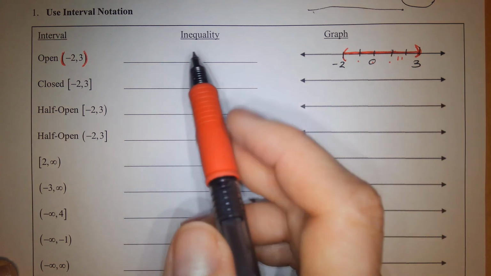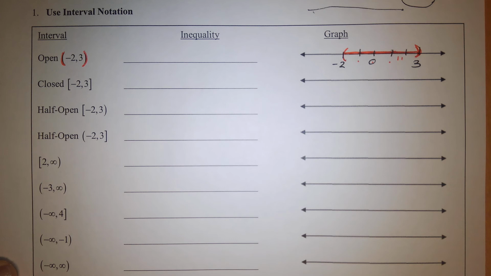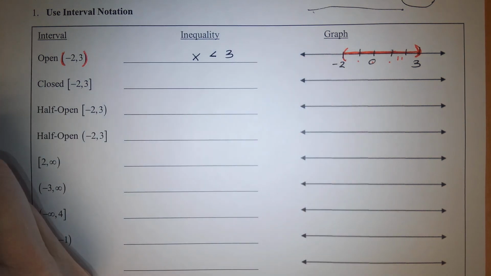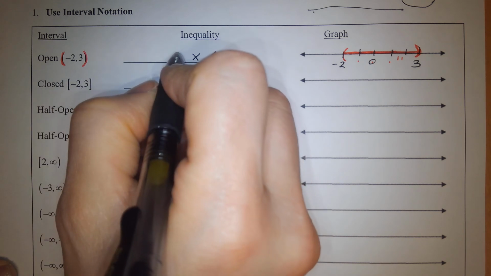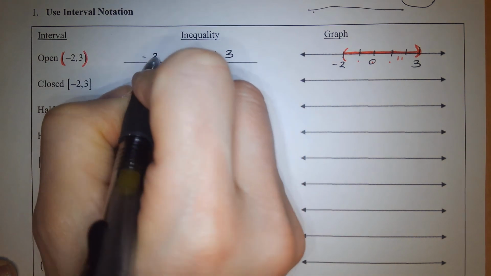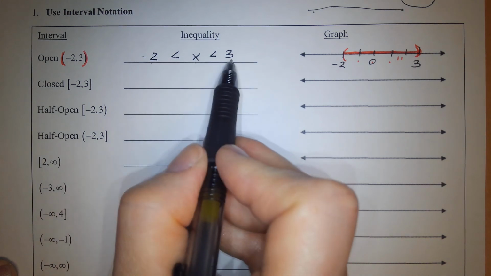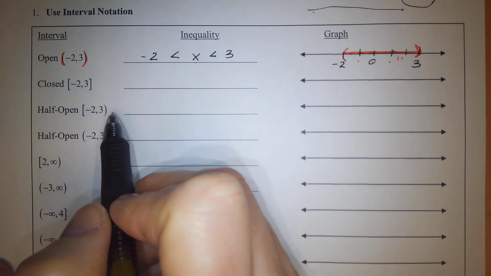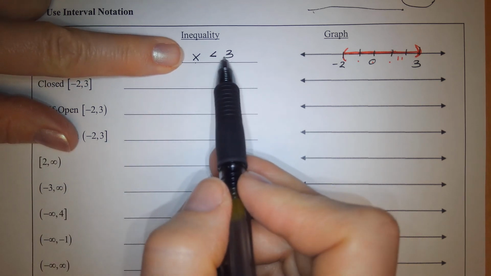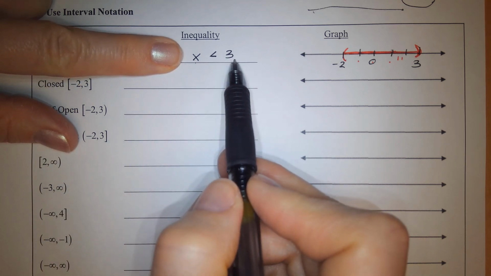In an inequality, we would simply just say that x is less than 3. We also would say that x is greater than -2. In other words, x lies in between those 2 numbers. If you look at them as independent inequalities, this one here says x is less than 3.